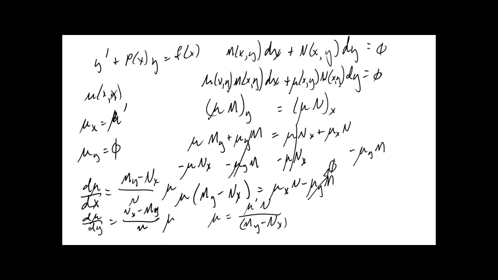So guess what? If this is not a function of x alone, then try it the other way: n sub x minus m sub y, divided by m, and see if that's a function of y alone. If either of those is, we're really close to finding our integrating factor. Now, if neither one of them is, then we throw up our hands and quit, because we can't do it anymore.